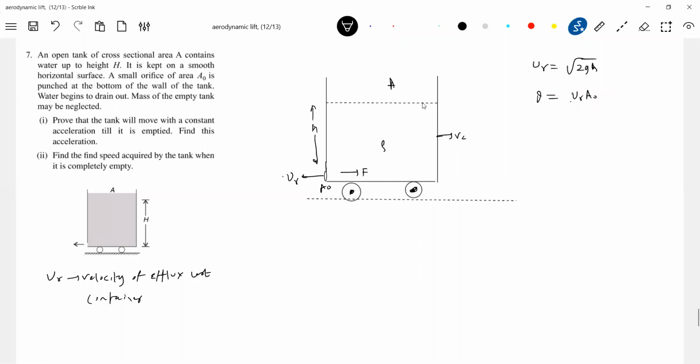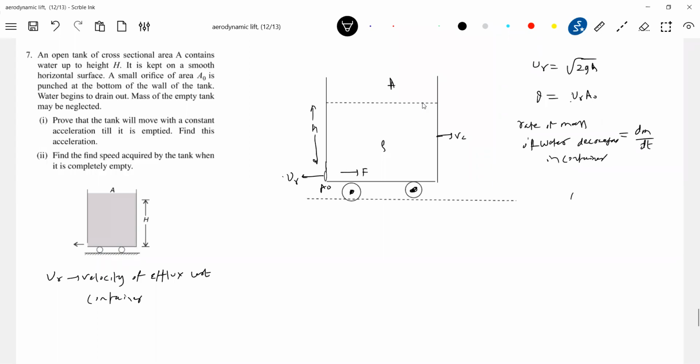Then the rate at which the mass of water is decreasing in the container: shall we write dm by dt?